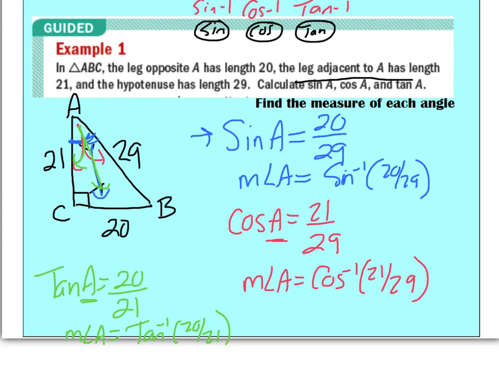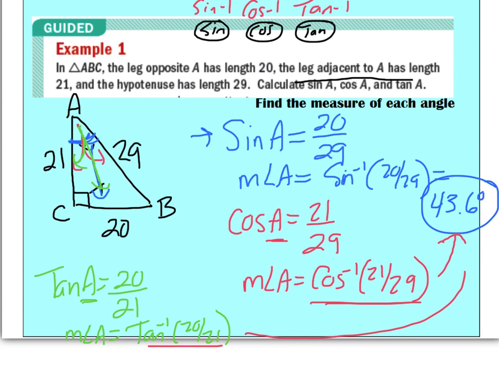And when you do that, you're going to find that this equals 43.6 degrees. When you type this for cosine, it's going to equal 43.6. And when you type this for tangent, it's going to equal the same thing. So you would never do this three times. You would just do it one time.